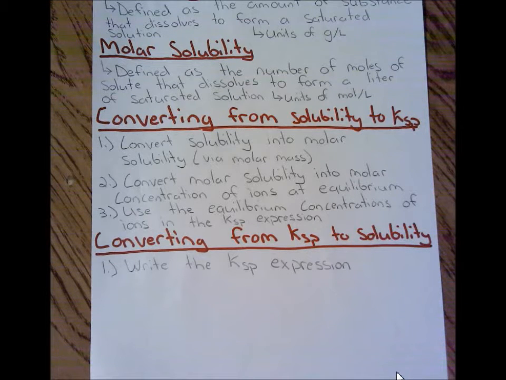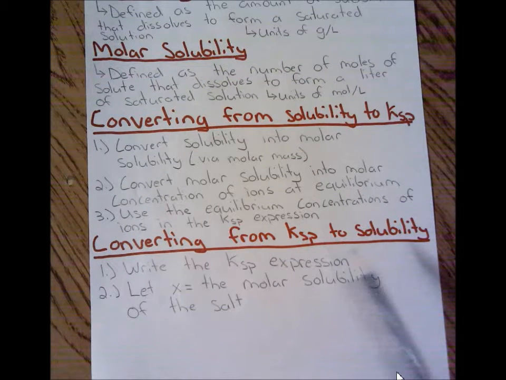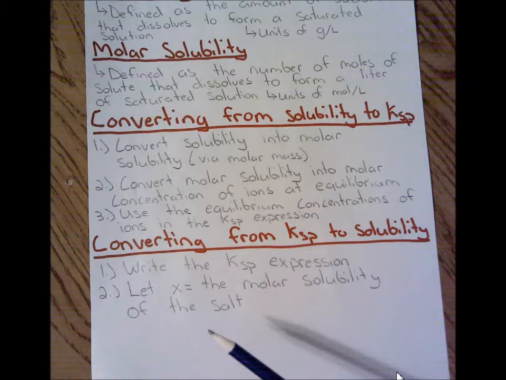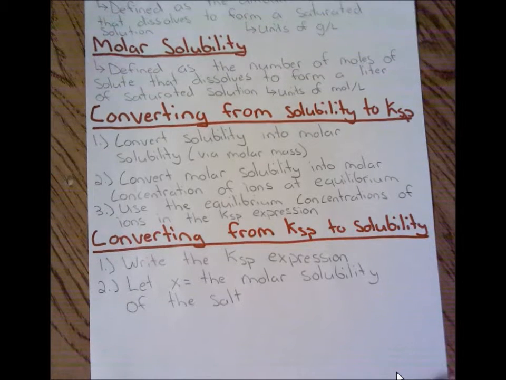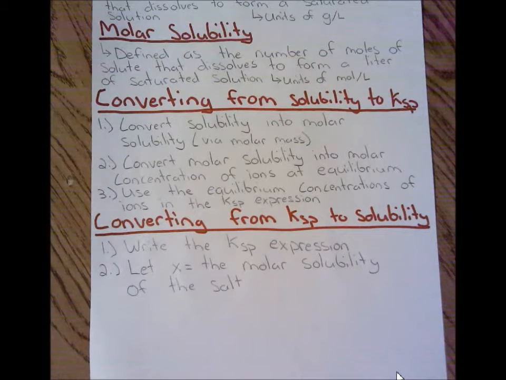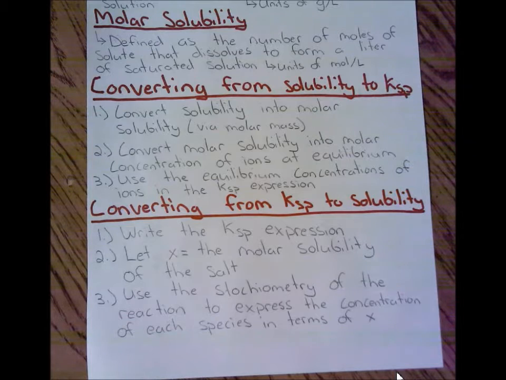And this X business here is really similar to what we did when we went through problems like the weak base, weak acid. It's very similar to that setup. Our third step is to use the stoichiometry of the reaction to express the concentration of each species in terms of X. So again, if we have a 2 coefficient, for example, we're going to have to put plus 2x, not just x.